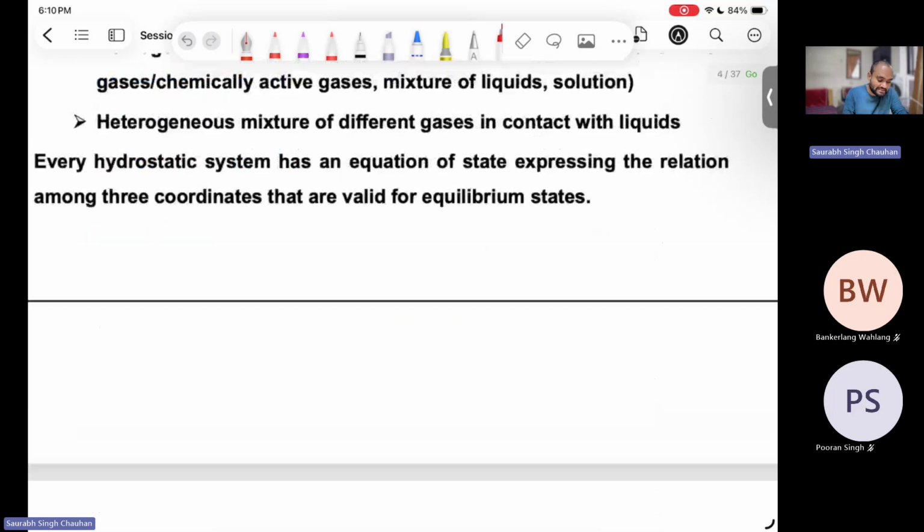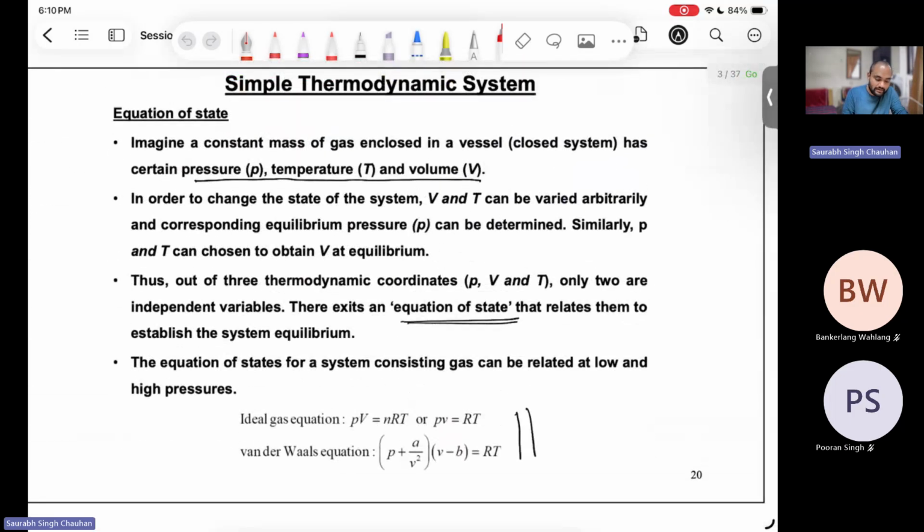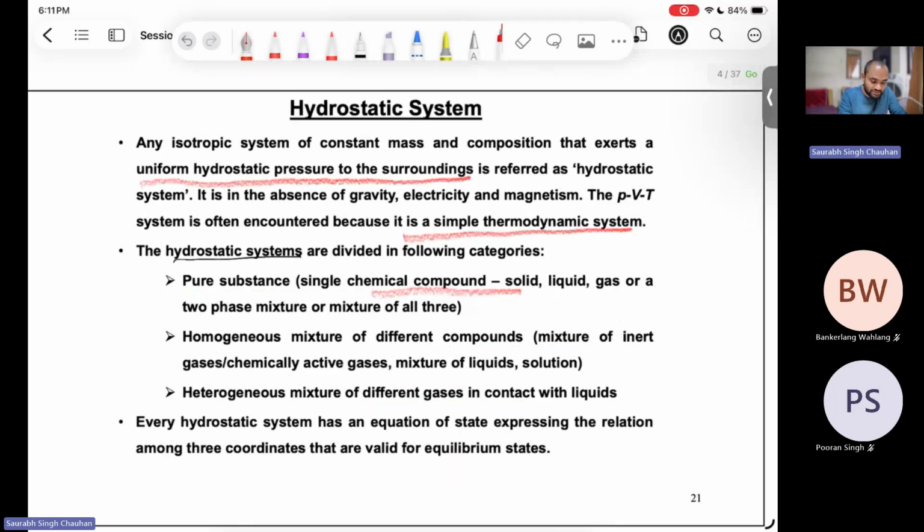So why are we discussing all these things? We discussed in the last session how many independent properties are required to fix the state of a system. We discussed Gibbs phase rule. For a simple compressible system, a hydrostatic system, we need only two properties, and the third property can be calculated from the remaining two.